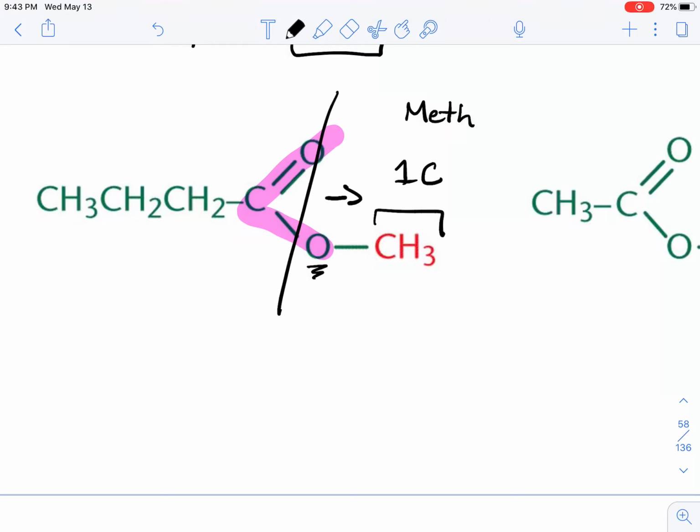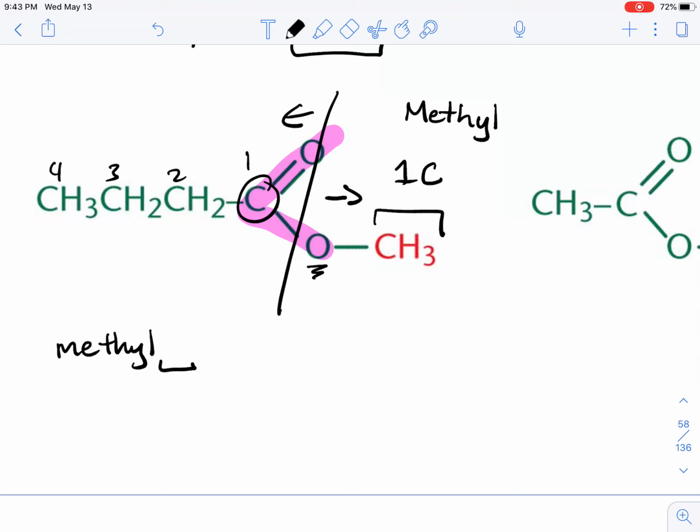And since this is my substituent, I'm going to use the yl ending to indicate that to my audience. And so methyl is going to come first because it's my substituent for this ester. Now anything to the left of that carbonyl carbon, including the carbon itself, is going to represent my parent chain for this ester.